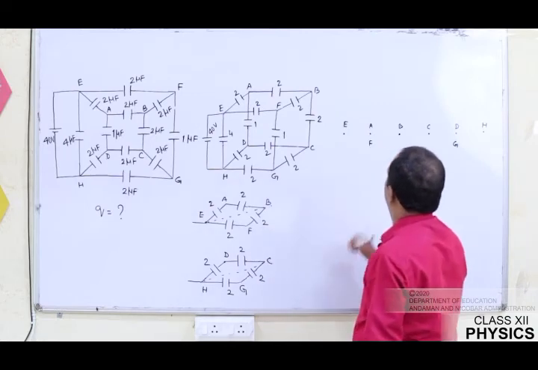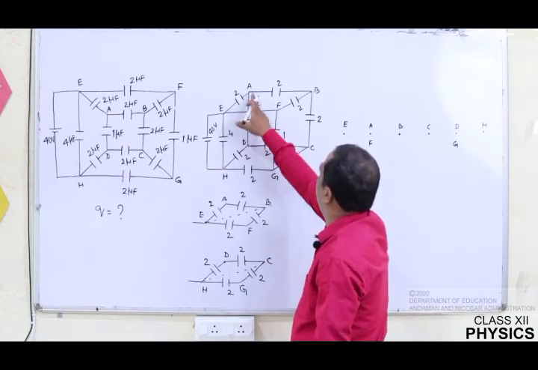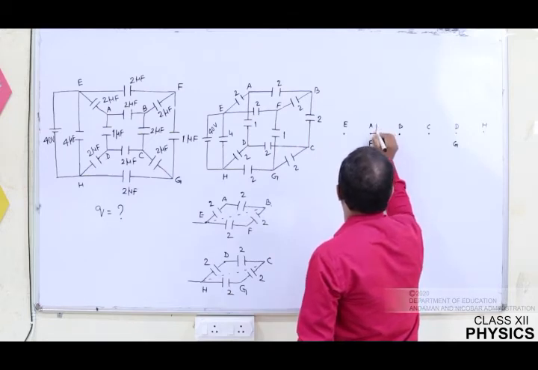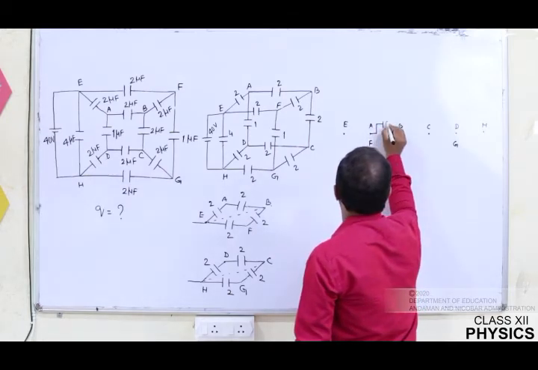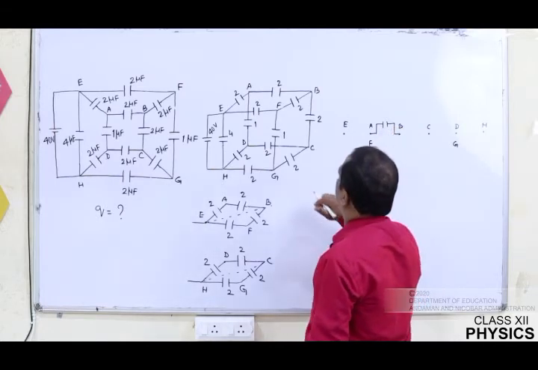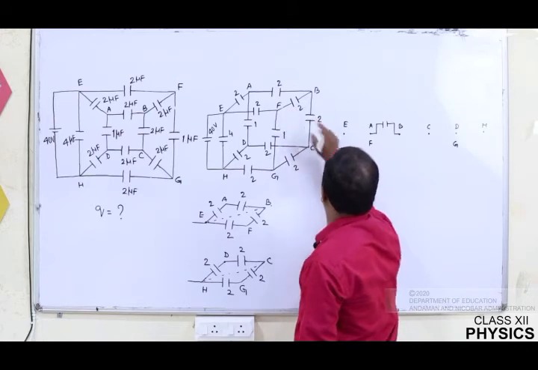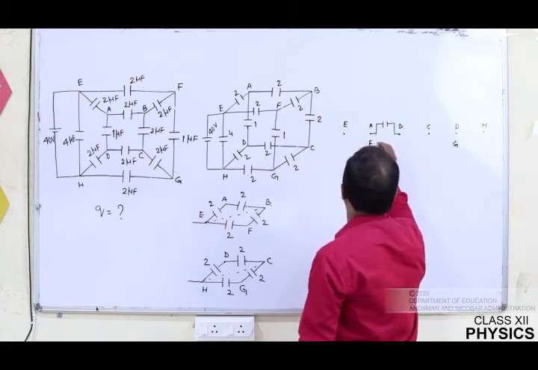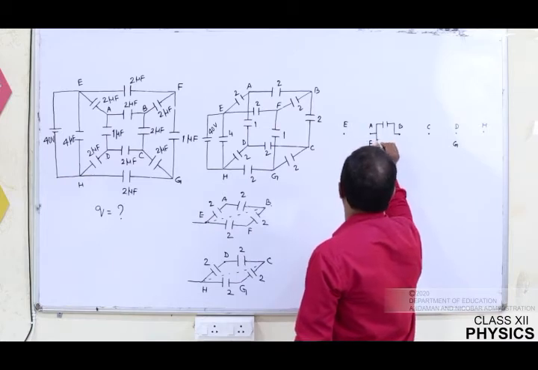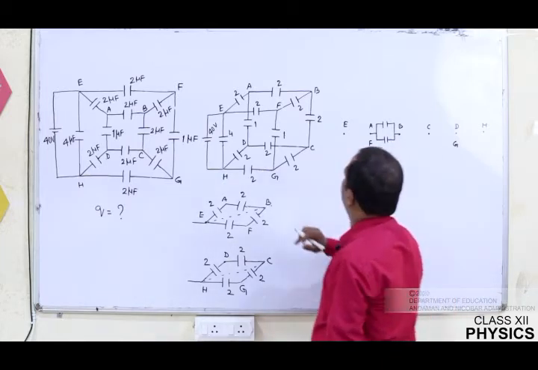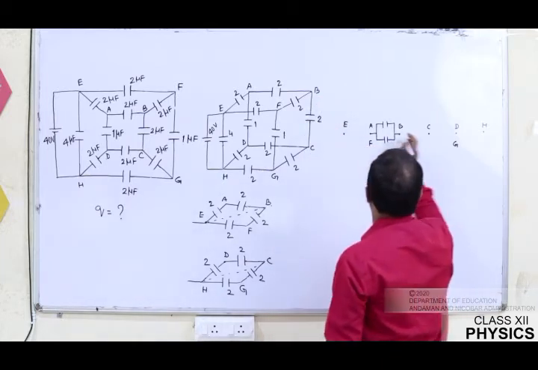Now see, A to B, one capacitor. A to B, F to B, I have one capacitor and they are connected. A and F are at the same potential, so that means these two are connected in parallel. Then B to C, I have a capacitor.